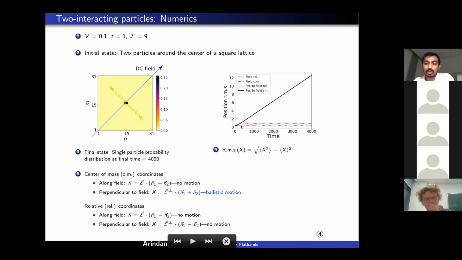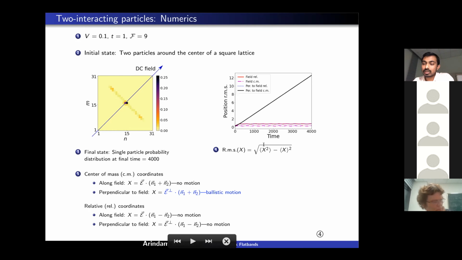If I observe the time evolution of such a system, I calculated four different kinds of coordinates. One is the center of mass coordinate along the field. Another is the center of mass coordinate perpendicular to the field, and the other two are relative coordinates perpendicular to the field and along the field.